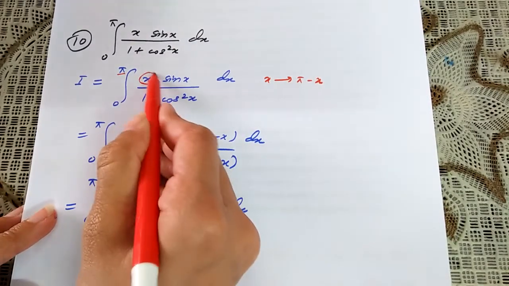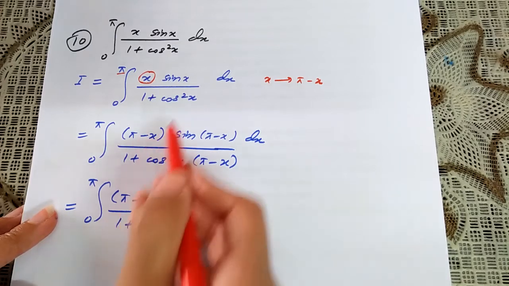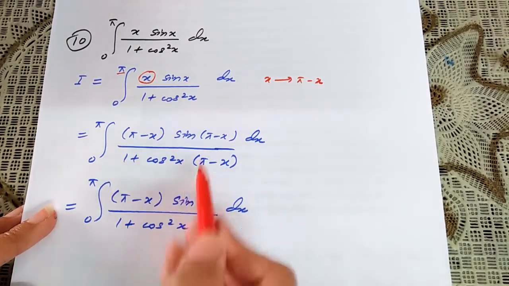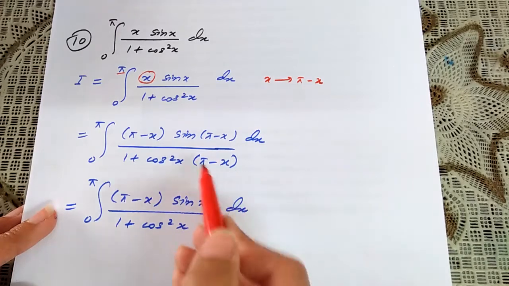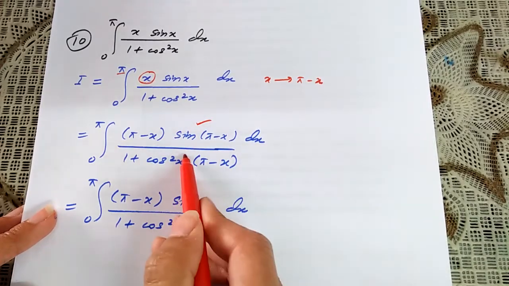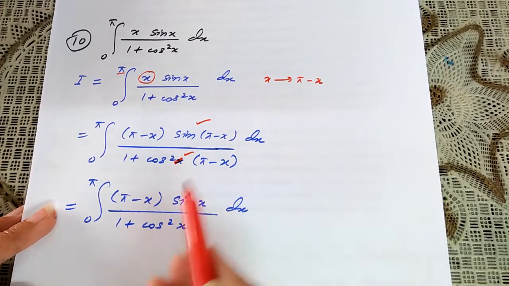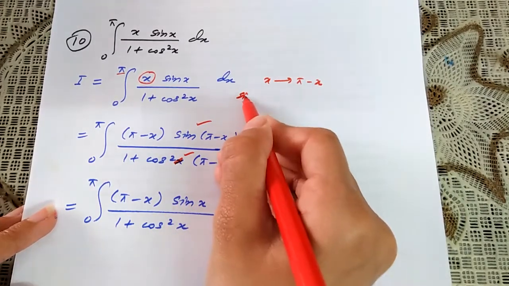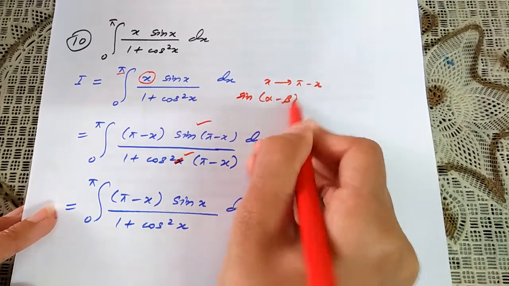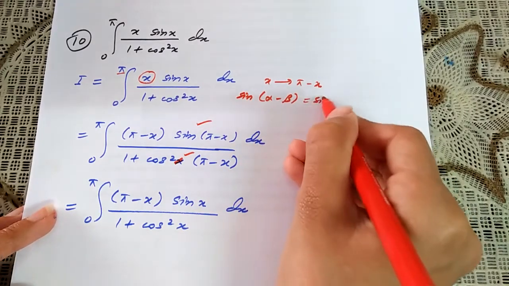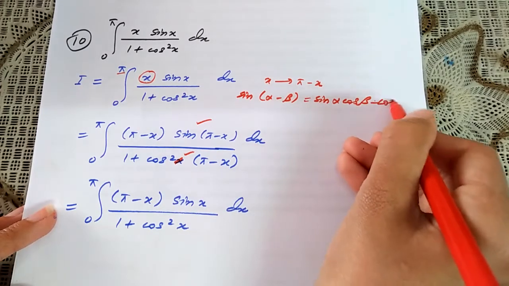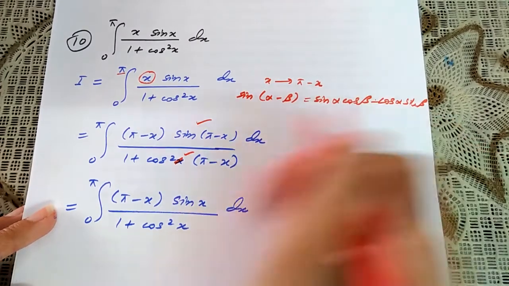So in place of x, I am writing pi minus x, sine of pi minus x over 1 plus cos square of pi minus x. Now we can open this term and this term. For sine of pi minus x, I will use the formula sine of alpha minus beta equals sine of alpha cos of beta minus cos of alpha sine of beta.